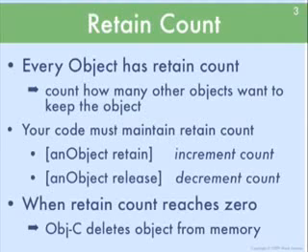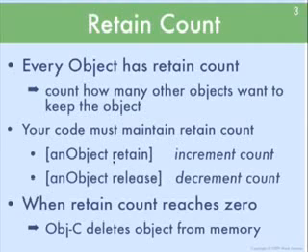Or another way of looking at it is it's just a count of how many other objects have a reference to this object. You have to write the code that maintains the correct retain count. And you do that with two methods which are inherited from NSObject. So there's retain and release.